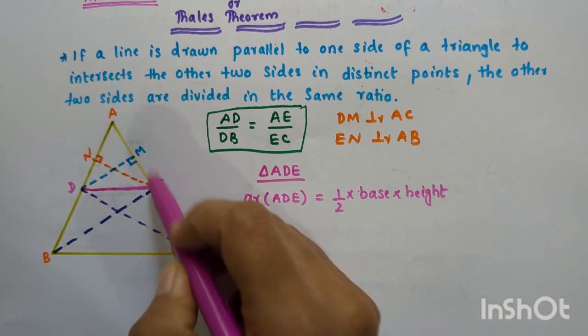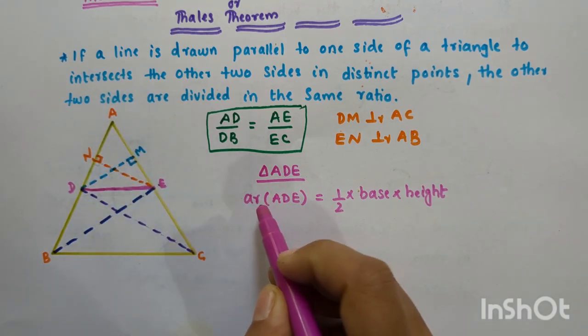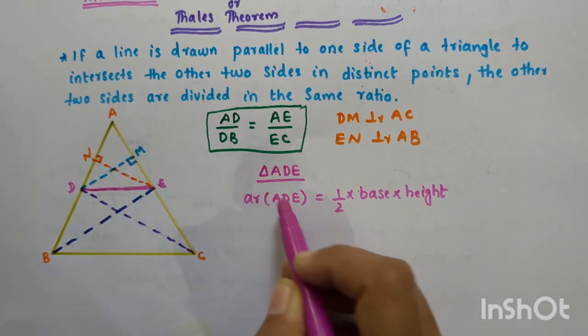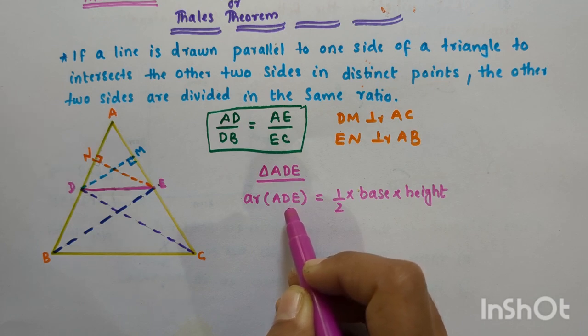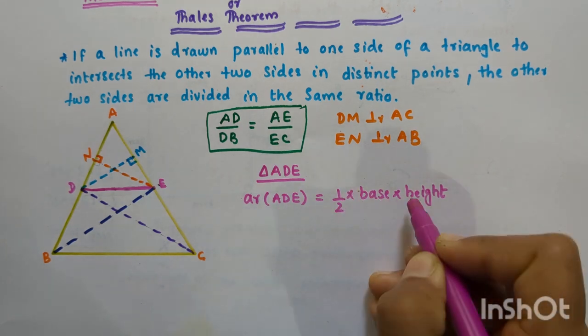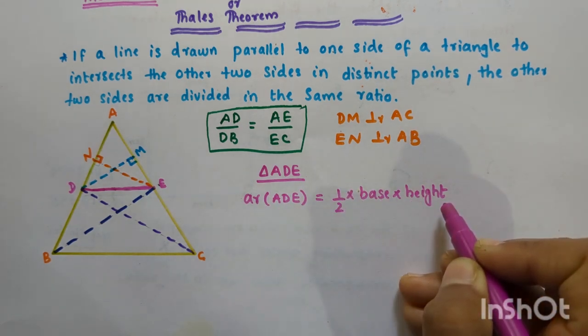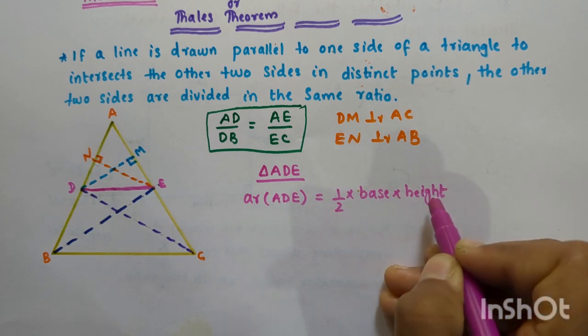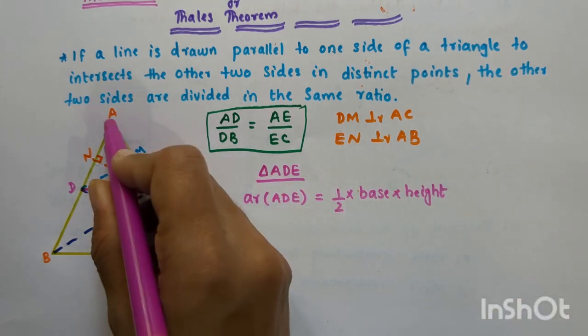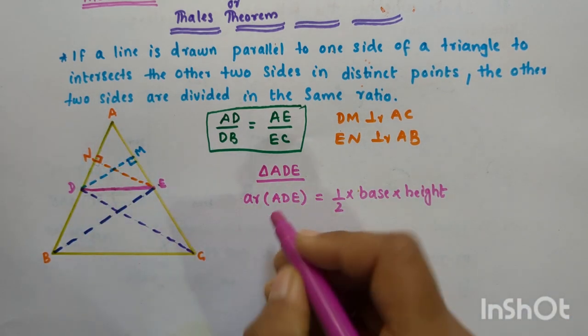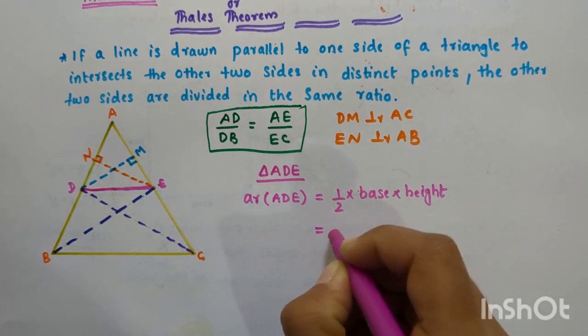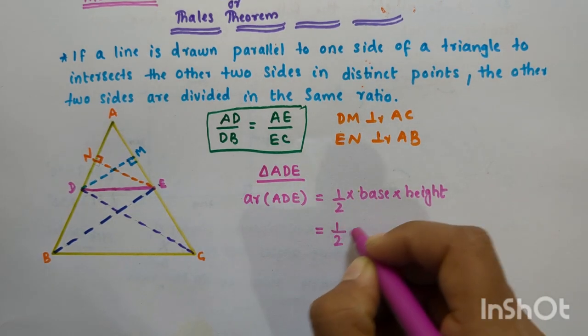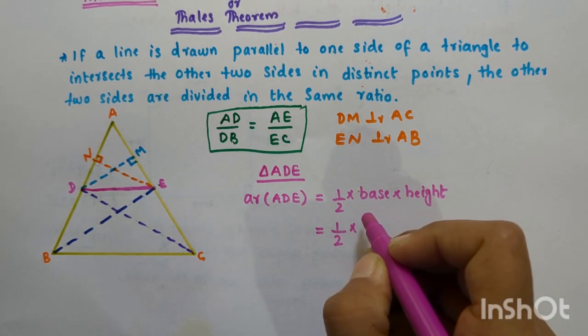Area of triangle ADE, it is represented like this: ar for area, ar of triangle ADE. This is equal to half into base into height. So the area of triangle ADE will be equal to 1 upon 2 into the base of the triangle.